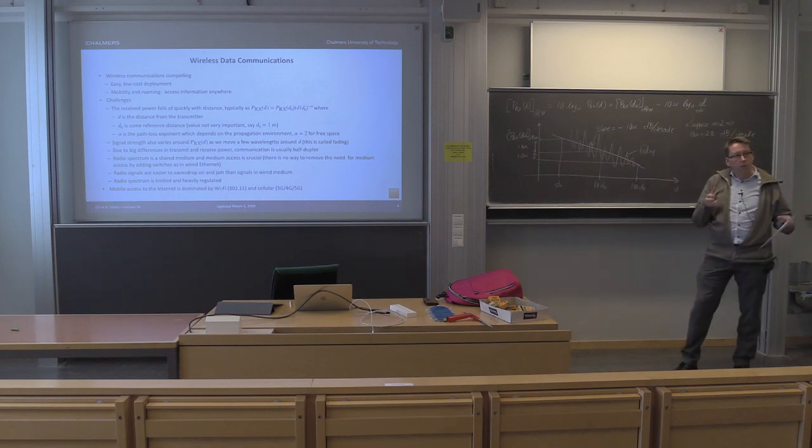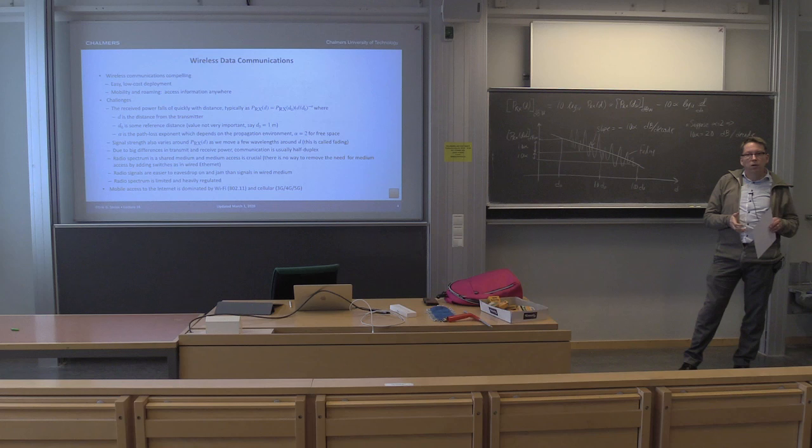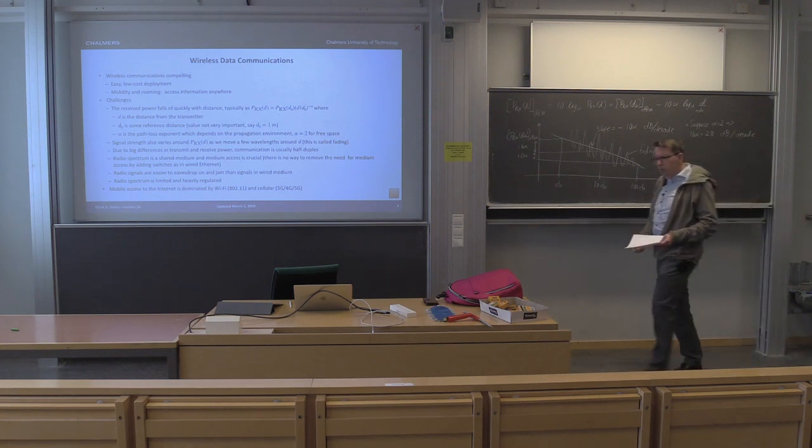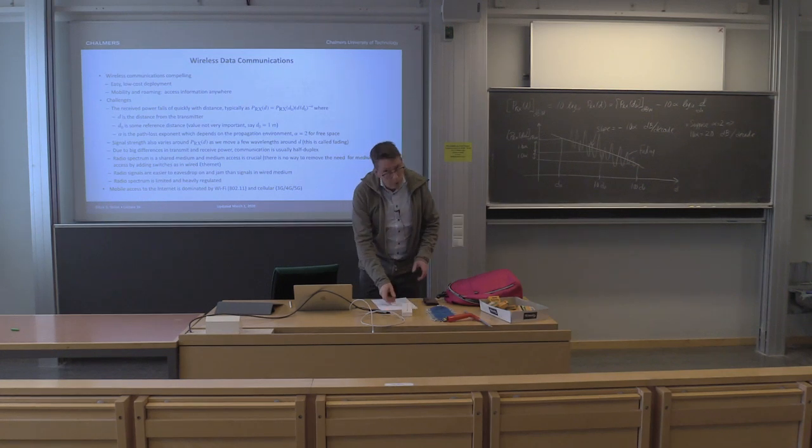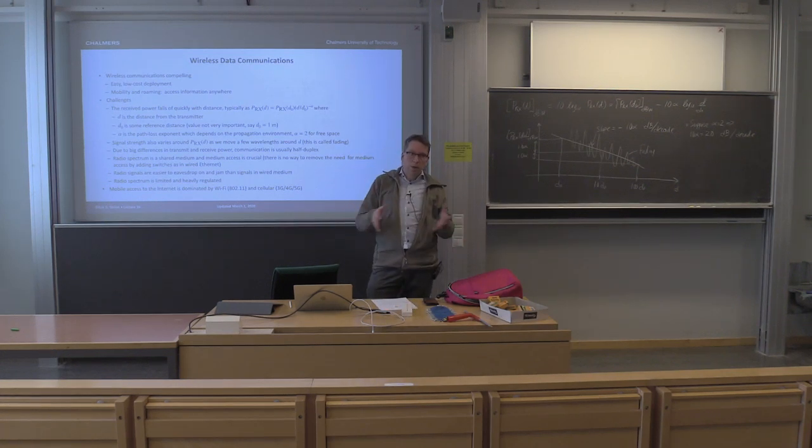And the fading comes from constructive and destructive interference patterns in a complex environment due to multipath. Okay, so the received power is one of the big problems in wireless, to make sure that we have enough received power in order to transmit data.